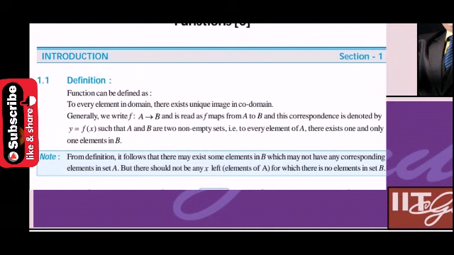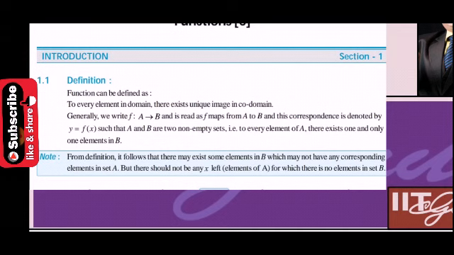So f: A to B is read as f maps from A to B, and this correspondence is denoted by y equals f(x), such that A and B are two non-empty sets, so that to every element of A there exists one and only one, that means unique, image, one and only one element in B.